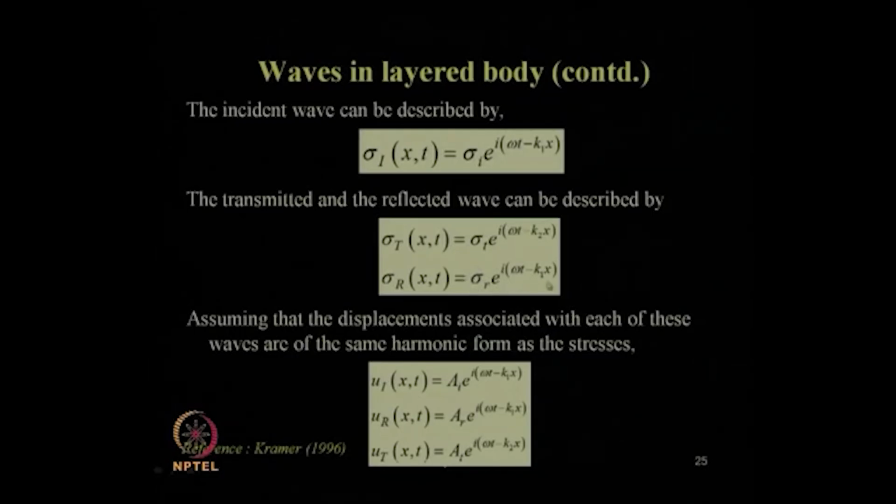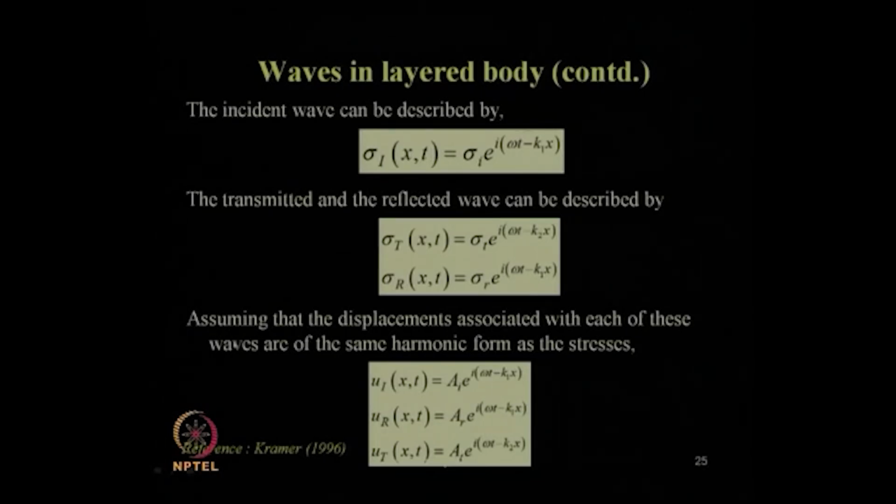As we mentioned, the direction we have already taken care of in this reflected wave, because it is going in the opposite direction of the incident wave. So, this sigma r already takes care of the direction. That is why we are further using minus k 1 x, not plus k 1 x.